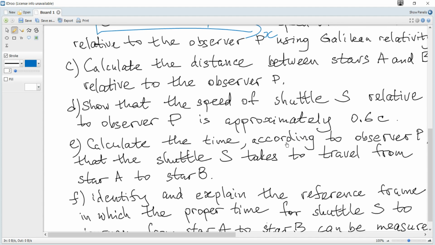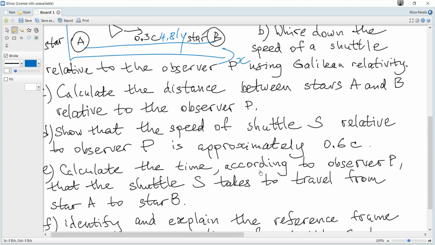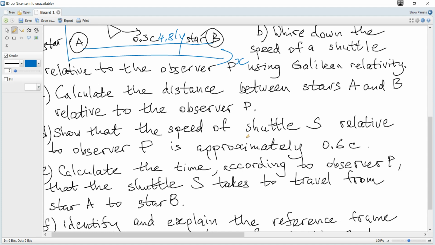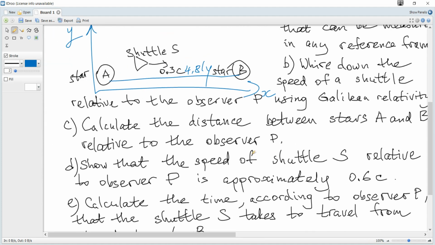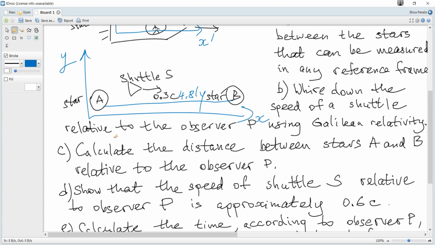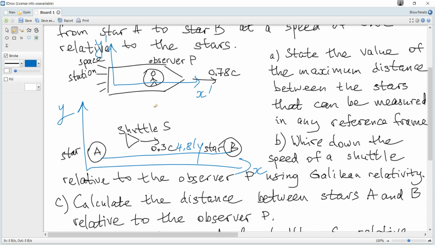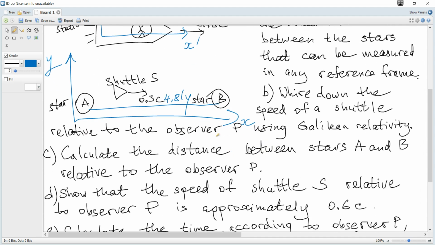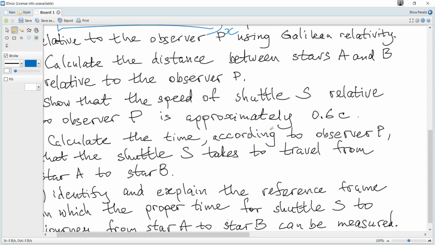The next question: calculate the distance between stars A and B relative to the observer P. Since the distance is 4.8 light years in the reference frame relative to the stars, and it's a proper length, all other observers in any other reference frame moving relative to the stars will measure a contracted length.